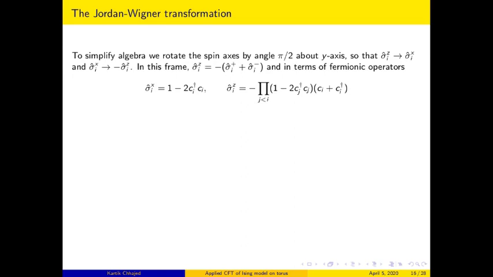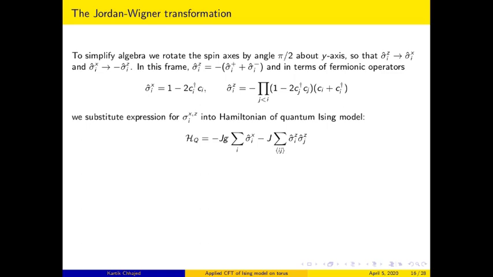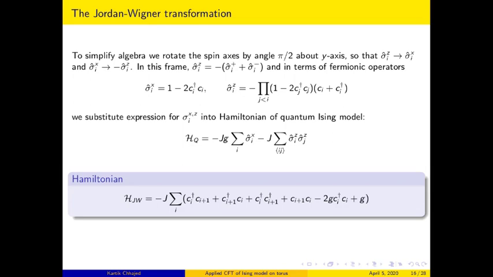Now, to simplify the algebra further, we are going to rotate the spin axis by an angle of pi by 2 and substitute the sigma x and sigma z in the quantum Ising Hamiltonian, and what we get is this, where the particle number is not conserved. So we are going to diagonalize this Hamiltonian, so we can go to a fermionic basis where particle number will be conserved.